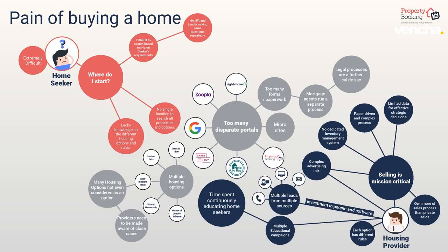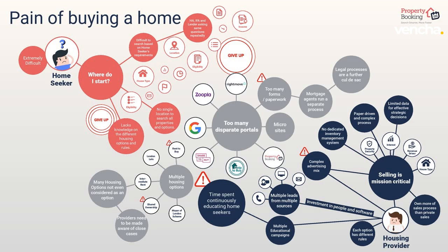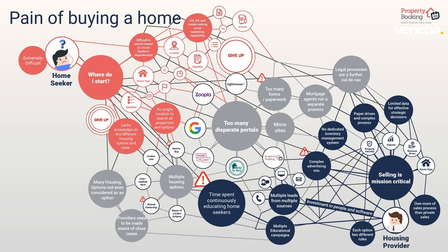And then when leads arrived back into their organization, they came at them from different places. And what this created was the effect for the home seeker that they began to give up. They were being asked to fill out form after form after form. And this entire web of slow information flow was causing genuine visceral pain to every actor within this organization.